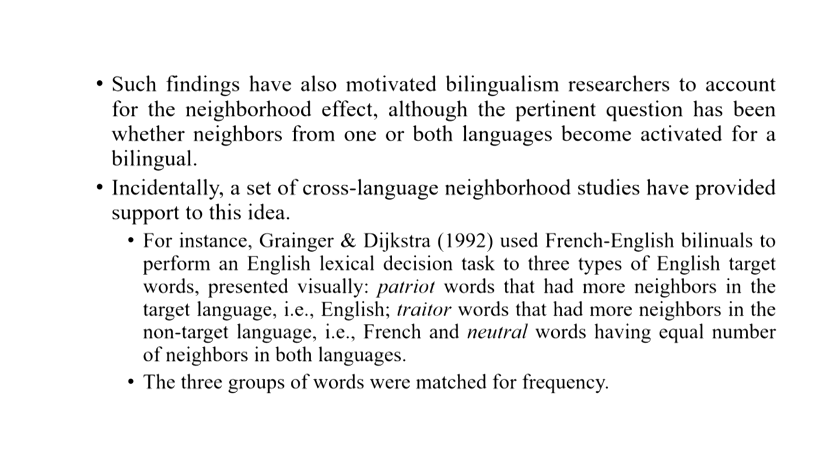These 3 groups of words were matched for frequency, so the only critical factor differentiating between them was whether they had neighbors in the target language English, in the non-target language French, or an equal number in French and English.